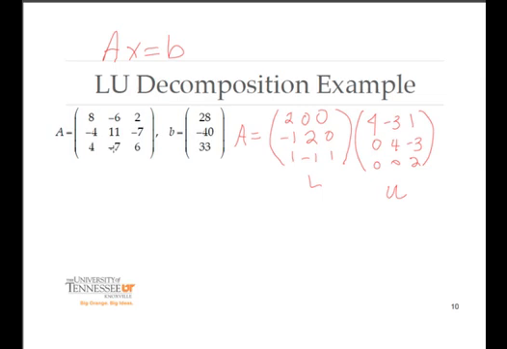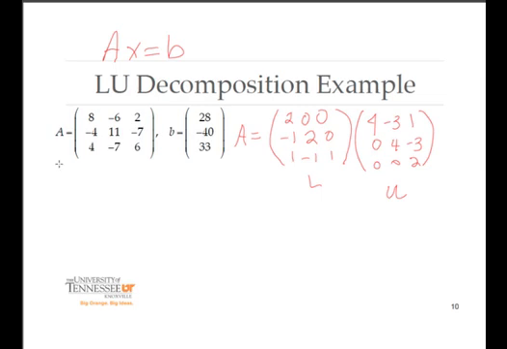Again, the idea is that if we can produce a code or an algorithm that would take any matrix A, assuming it's non-singular, we could factor it into an L times U and then use those components to solve the original linear system. So what we're going to do now is go through the process of doing that like we did before, just so you have an illustration of how to do it. We have to solve two subsystems.